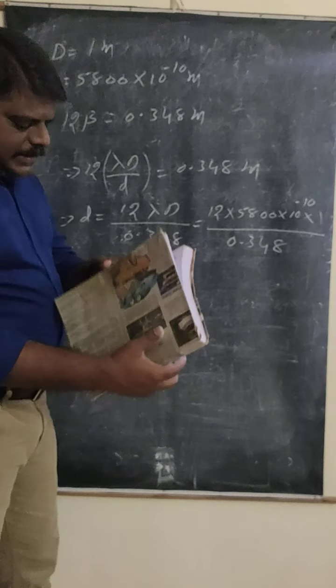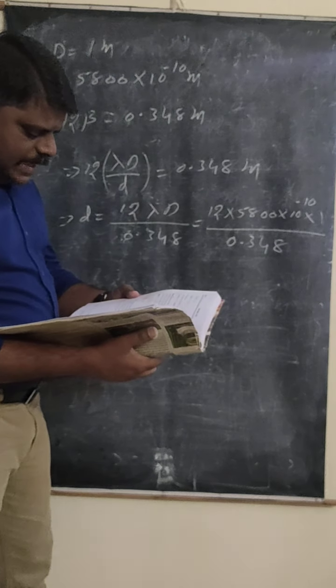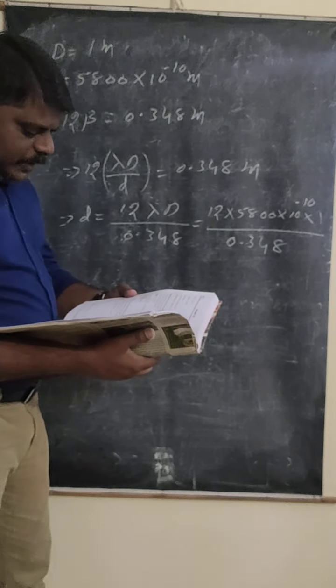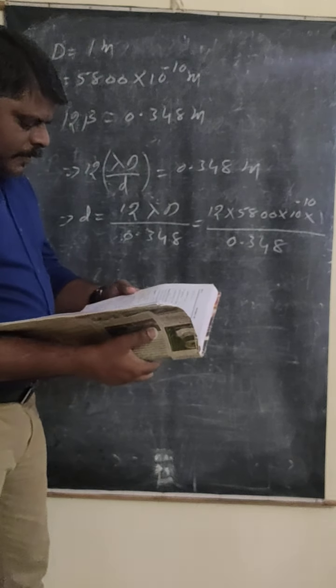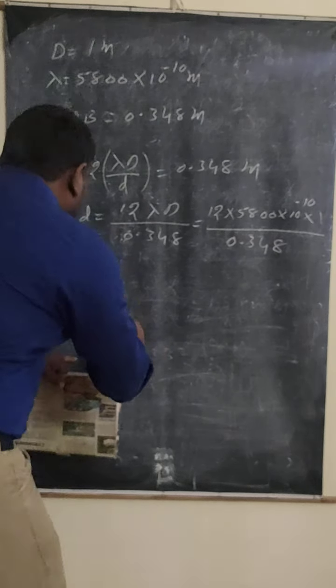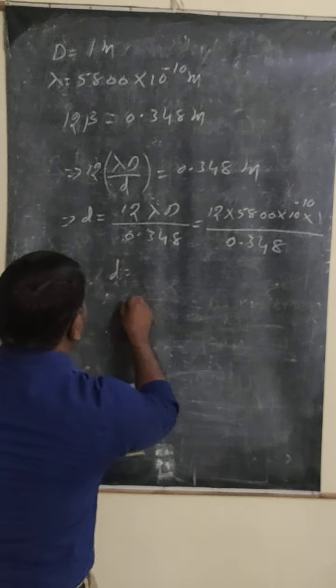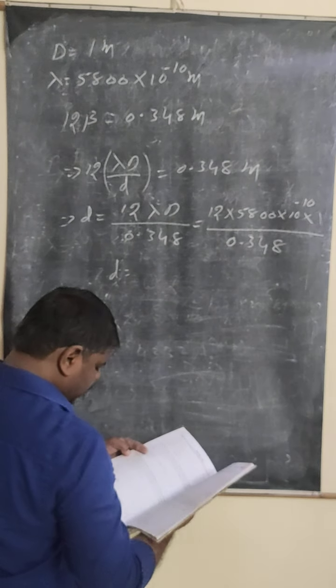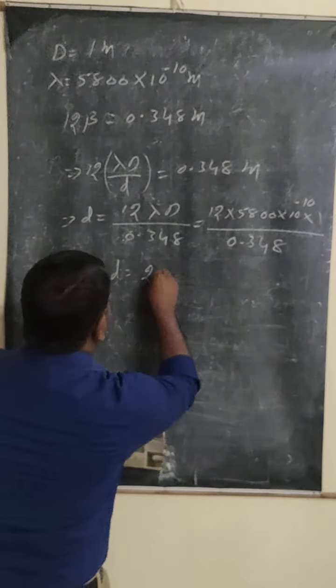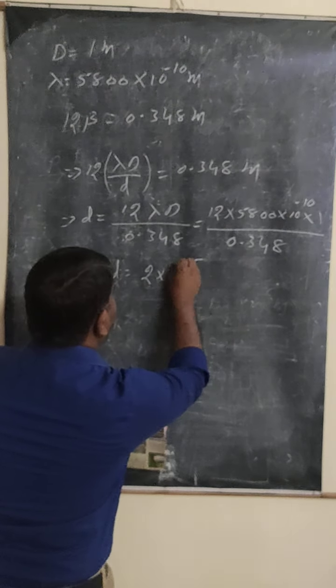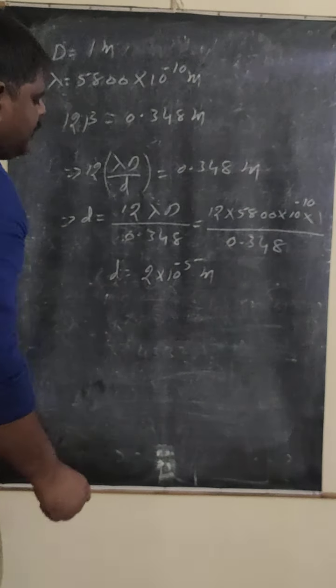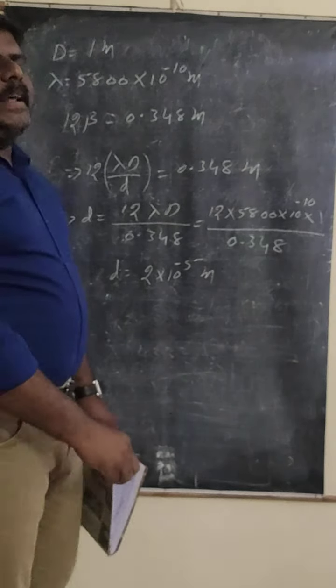If I simplify this complete value, you are going to get 0.2 into 10 to the power of minus 5 meters. That is, d is equal to 2 into 10 to the power of minus 5 meters.